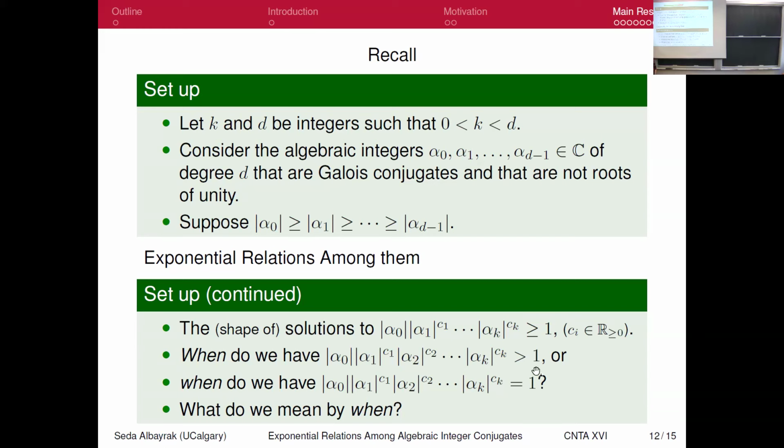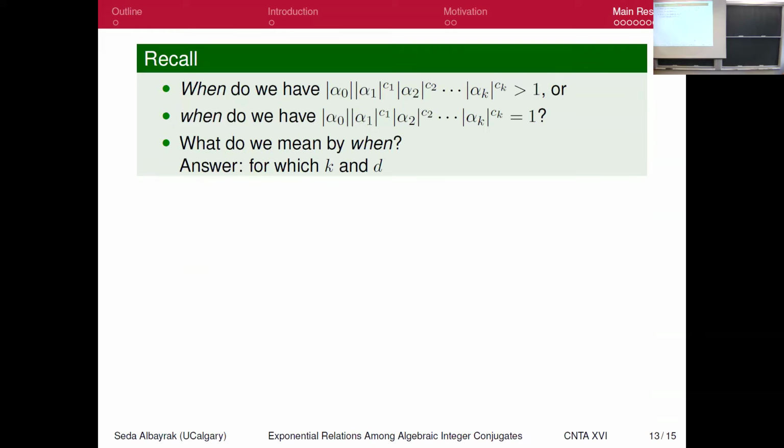The next question is, when do we have the strict inequality? To get to that, we're going to be looking at when we have equality with 1. And the last question was, what do we even mean by when? What I mean is for which k and d. Can we put a bound on d in terms of k to get the strict inequality, for example?